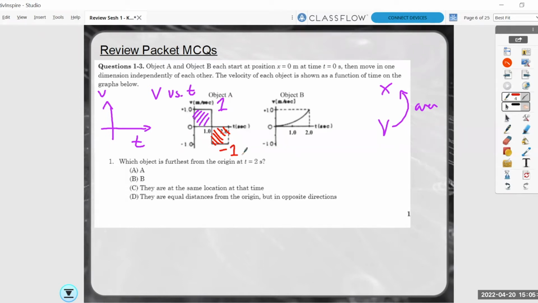So object A actually ends up back where it started in this case. Object B, on the other hand, I don't know exactly what the area under object B's curve is, but I know that it's not 0, and so anything is bigger than 0. So it turned out to be B.